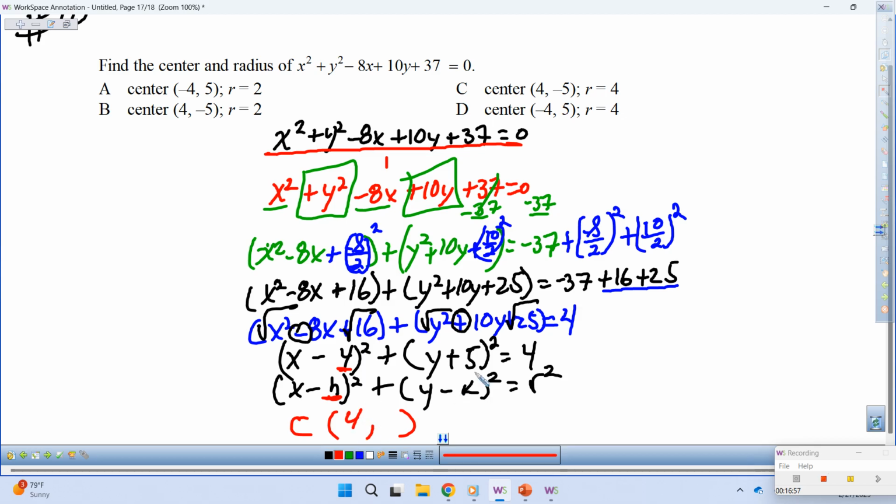What is k? k is not 5, because this one has to be negative, so it's negative 5. And we need a radius. How do you find the radius from the 4? Take the square root, so that is 2. Correct answer for that one is 4, negative 5, and 2, B.